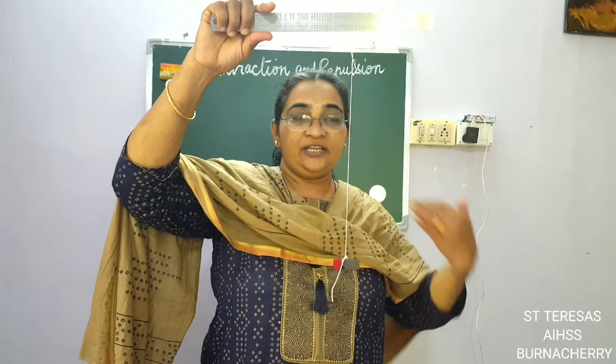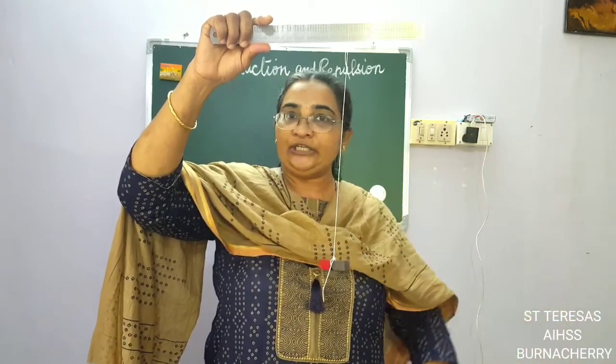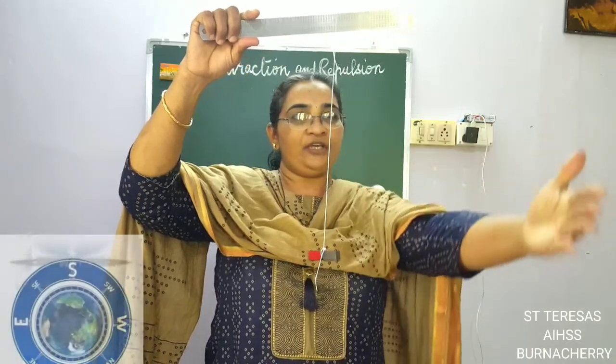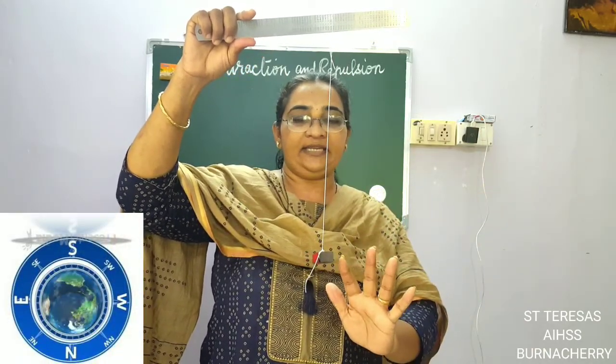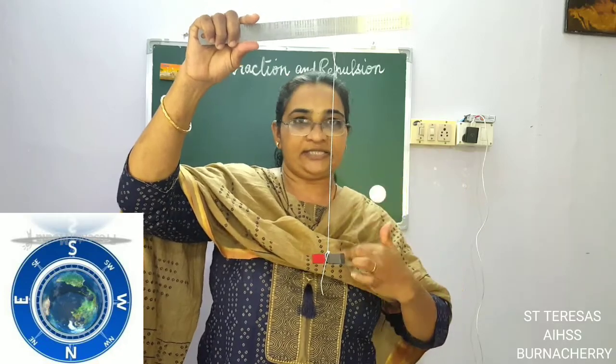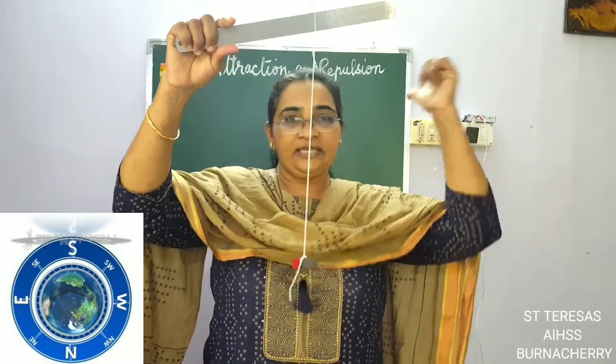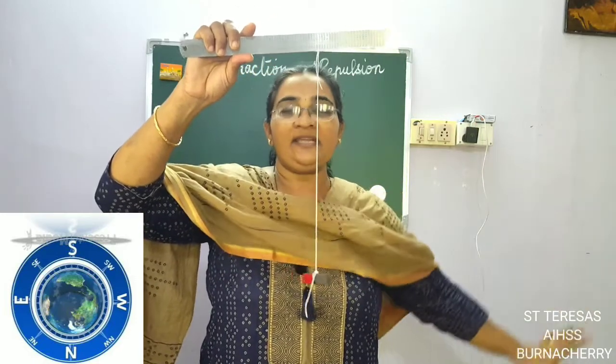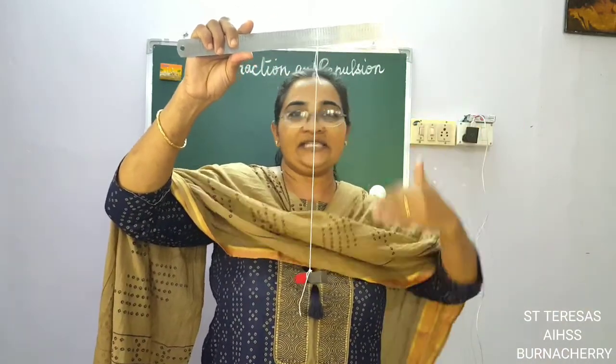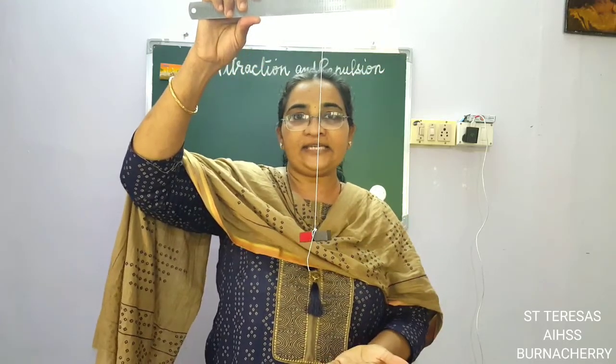Is it clear? This magnet is standing like this, north is here, south is this side. So isn't it easy to find out the north of my home if I have a magnet?